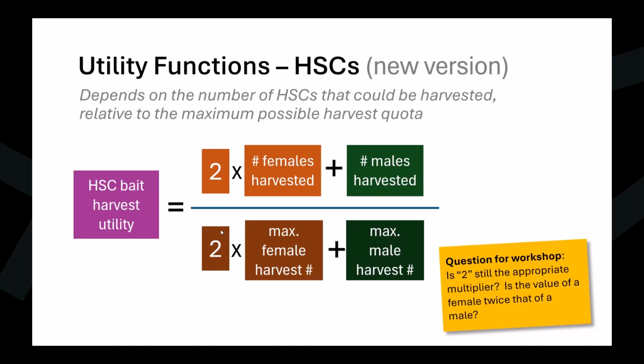And then in the denominator, we have 2 times the maximum possible harvest of females plus the maximum possible harvest of males. And so in this way, utility again goes from 0 to 1, and we are maximally happy when we can harvest at those caps for each sex. So a couple critical questions for the workshop here is whether this multiplier of 2 is still warranted. Is that still the number it should be, or should it be something different?